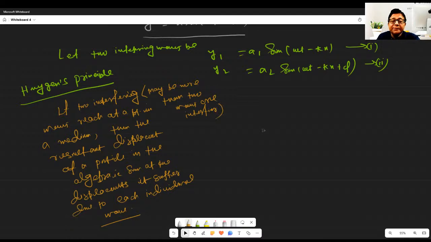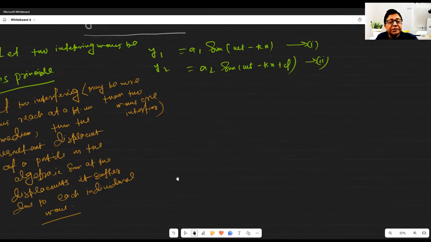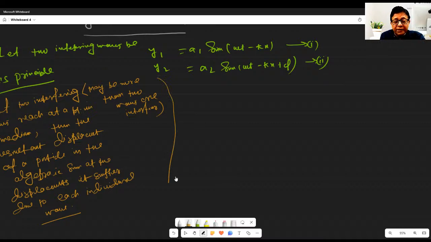So, according to this principle, if we focus on interference of two waves, then by Huygens principle, we have y equal to y1 plus y2.